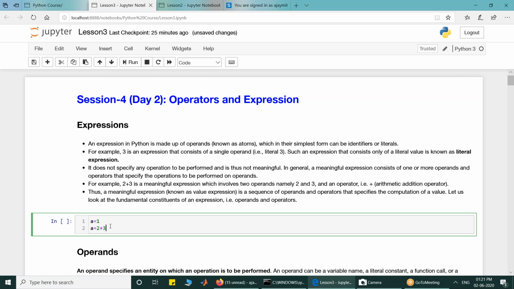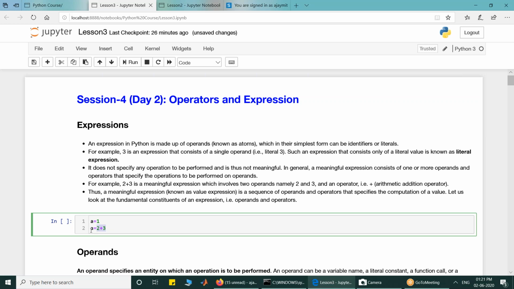So an expression is made up of operands and operators. In line 2, a is assigned 2 plus 3. So 2 plus 3 is an expression. I have used two operands, 2 and 3, and summed them up to get the value 5.